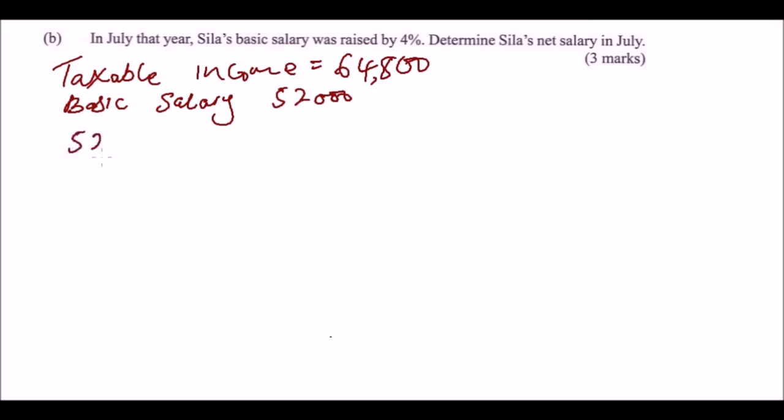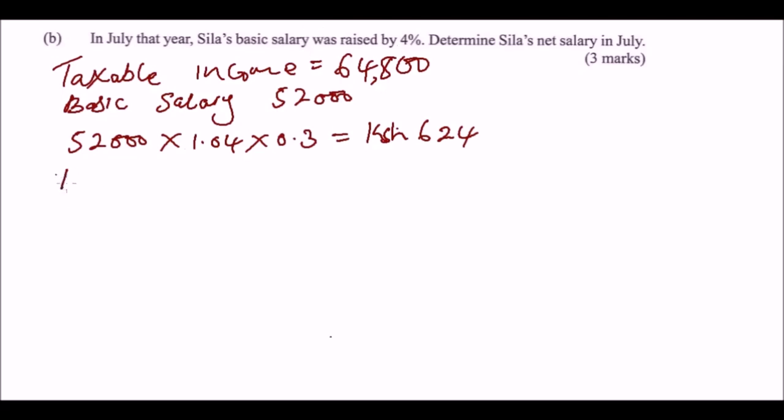So we are multiplying 52,000 by 0.04, that is the increase, and we get that what was added is 624. 624 is the tax that is to be made from the increase of the salary.